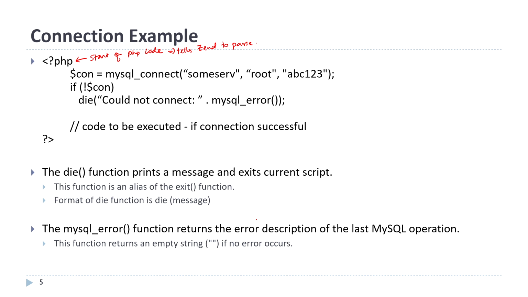If the parameters are fine and the connection is successful, mysql_connect returns a value called true. Then if not $connection, meaning the value of $connection is not true, I could not establish the connection, so I use the PHP function die with the message "couldn't connect" and whatever the MySQL error is, be it wrong username or wrong password, I print out the error.